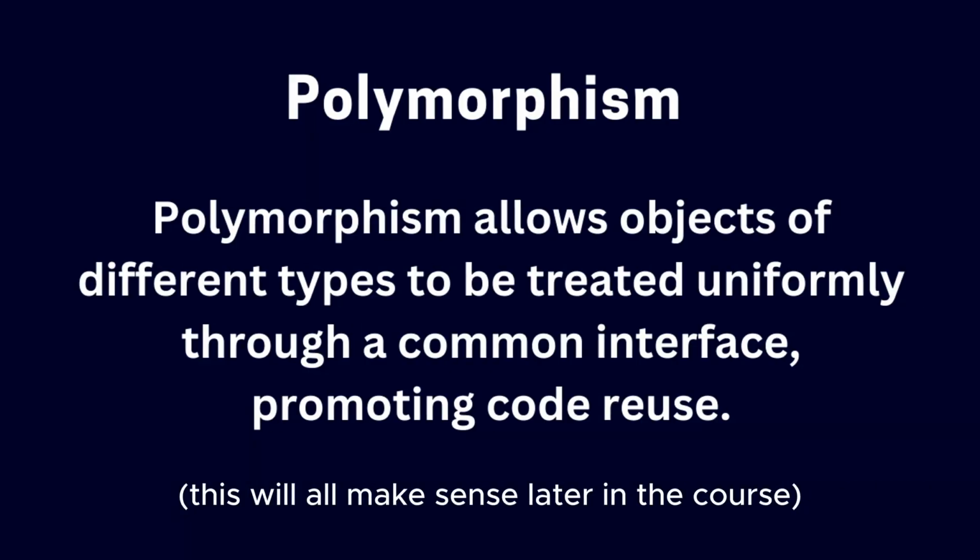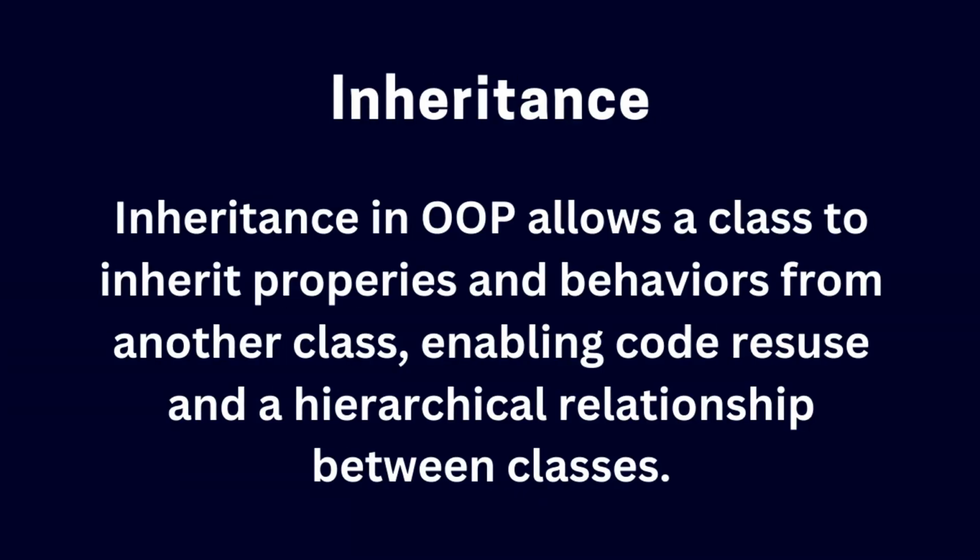Polymorphism means many forms, and this allows objects to be treated as instances of their parent class rather than their specific class. This enables methods to behave differently depending on the object that's calling them, making your code more flexible and adaptive.